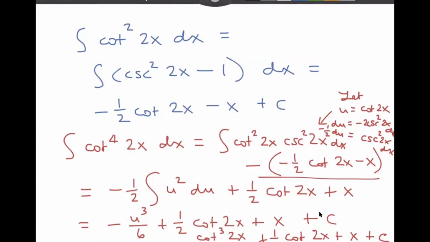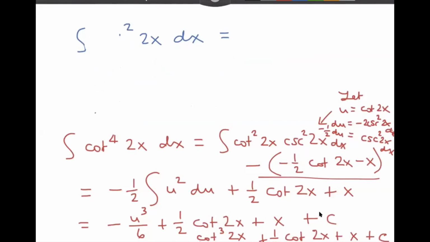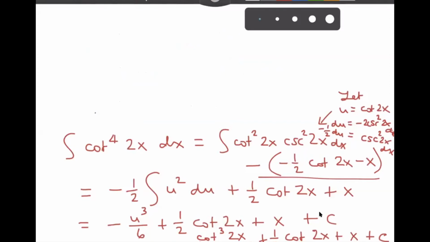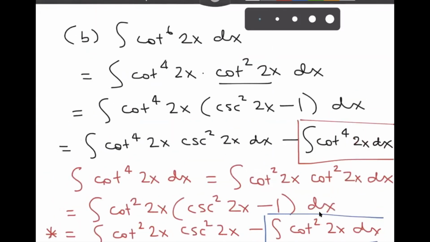Okay, now maybe I should have left 3 pages for this one. Okay, well, let's get rid of this part up here. We're done with that. So now we're finally ready to deal with the main integral. Let's remind ourselves what that was. That was the integral of cotangent to the 6th 2x.